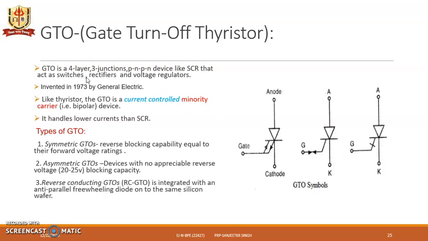And GTO is similar to the SCR in construction, a layered structure, that is a 4-layer 3-junction PNPN device, and it can be used as switches, rectifiers and voltage regulators.